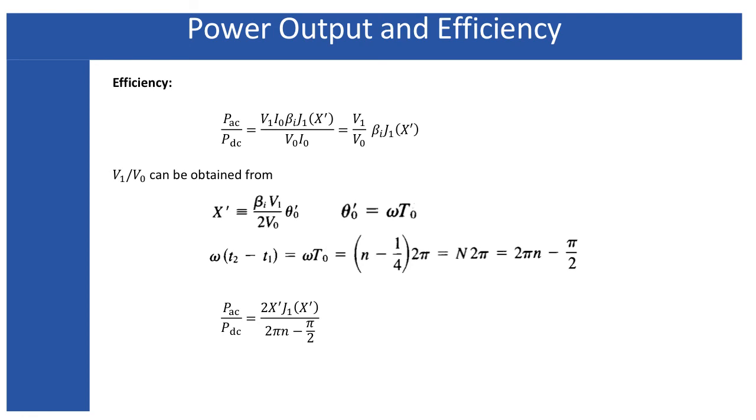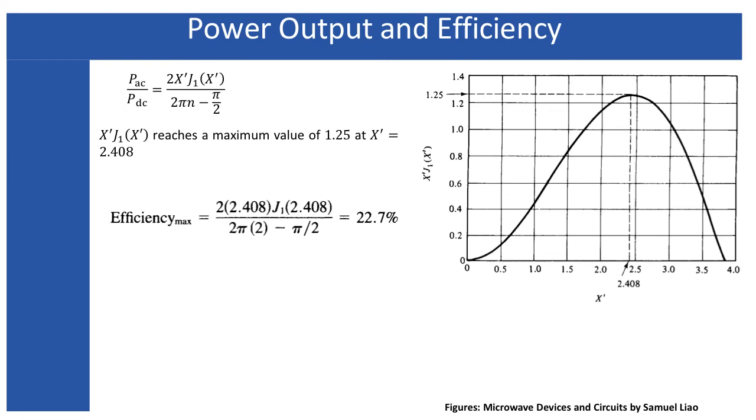So after replacing all of these parameters, the x dash term appears in this expression of the efficiency. And x dash can be found in a similar manner to what I did in the case of the two cavity klystron, because x dash is associated with the first order Bessel function J1, and this x dash times J1 of x dash can be plotted as shown over here.